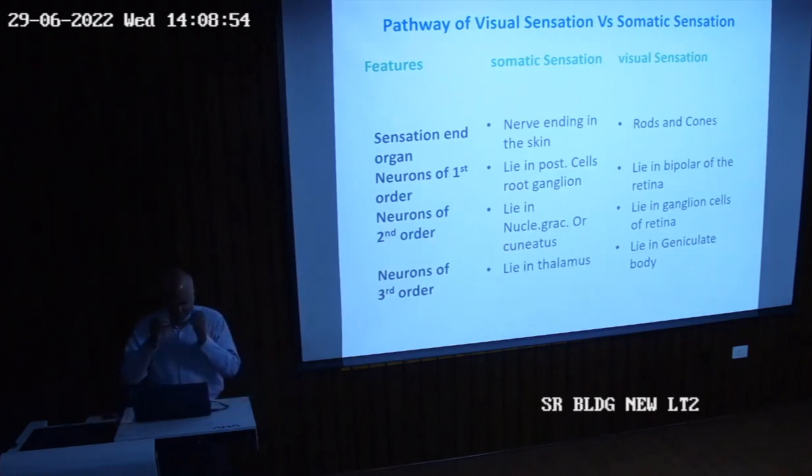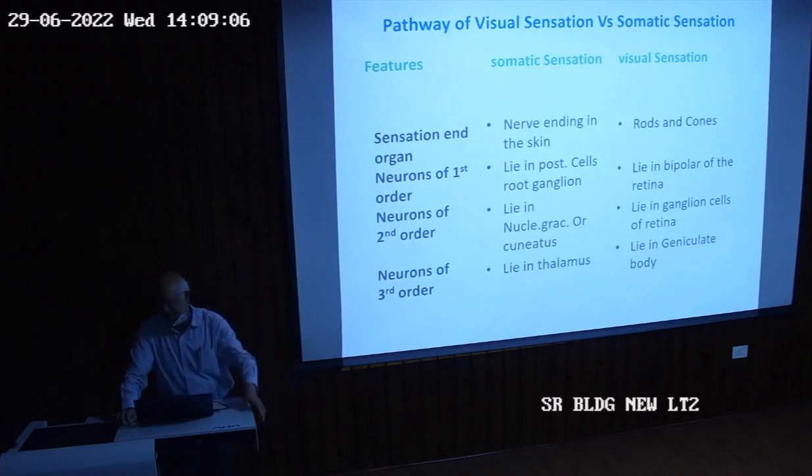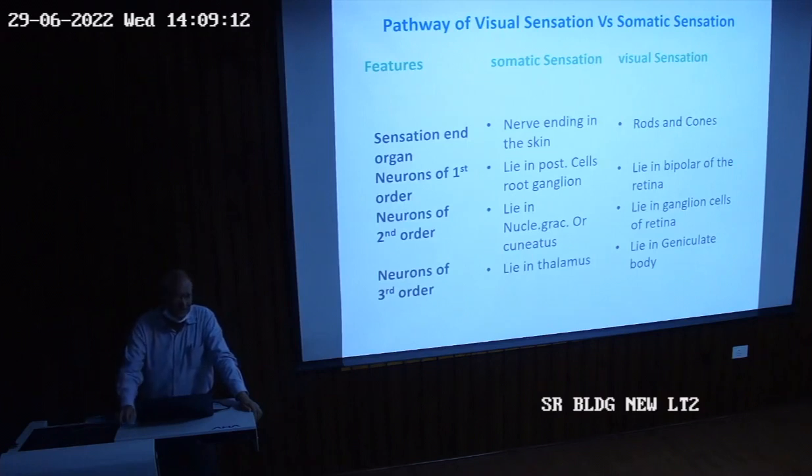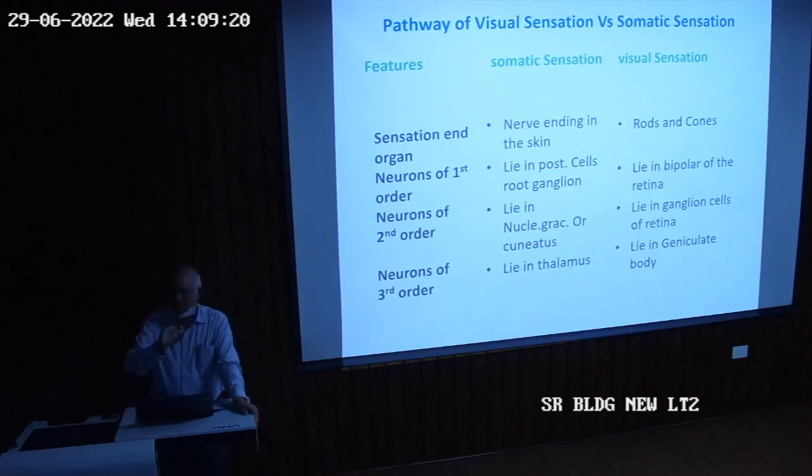Just in the beginning, this visual pathway, just like the sensation, suppose there is any prick or any touch in the leg or hand, it goes to the center, brain. The same way, the pathway starts from the rods and cones, whatever is shown to you goes to the visual cortex, so that it is perceived that there is something in front of you.